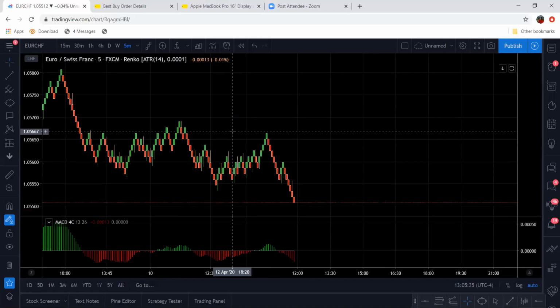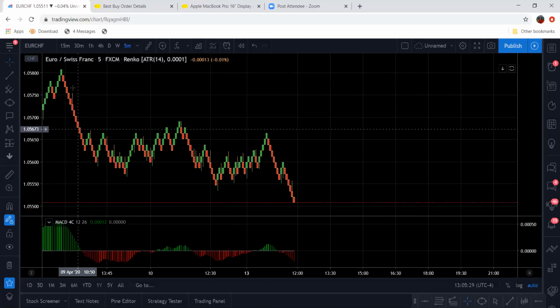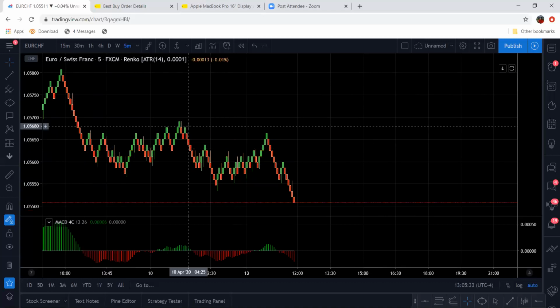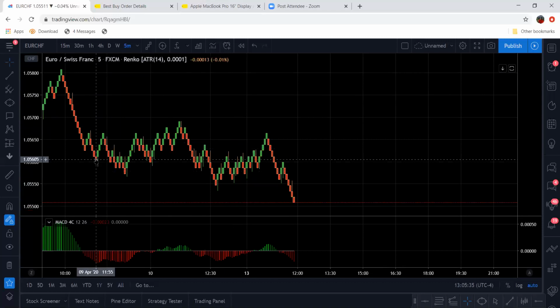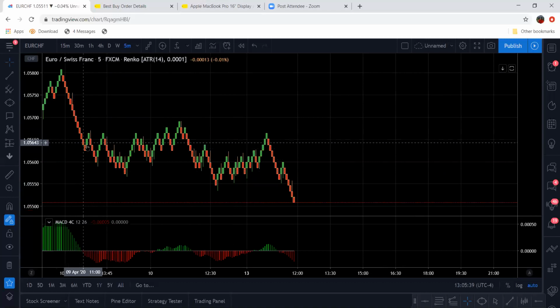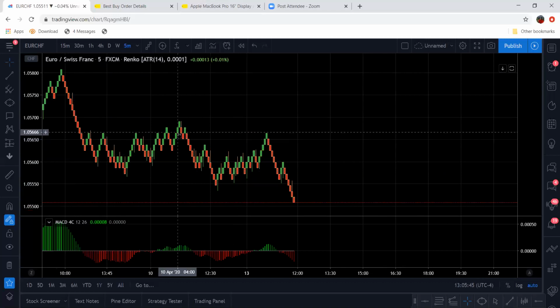So that's a huge advantage, because wicks are so minimal on Renkos, you can use that to your advantage. A lot of times, if you notice, every time you see a brick with a wick, price pretty much goes in that direction. Now it's about actually catching it at the right time.